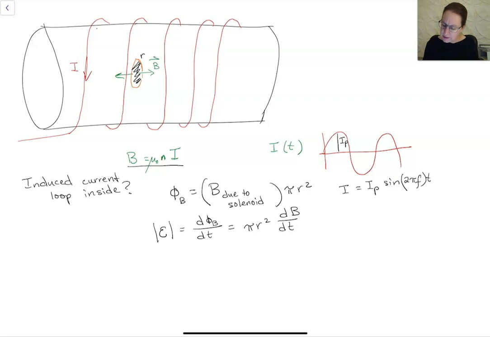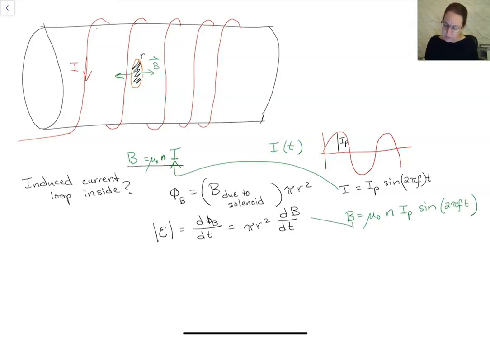Okay, so that is my current as a function of time, which means when I put that current as a function of time right into this equation, that tells me how my magnetic field varies with time. So I get B is equal to mu naught times n, the number of loops per unit length, times I peak sine of 2 pi frequency times time. All of it's the sine of all of that.